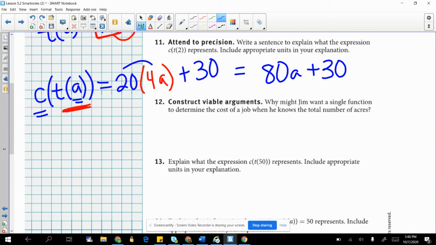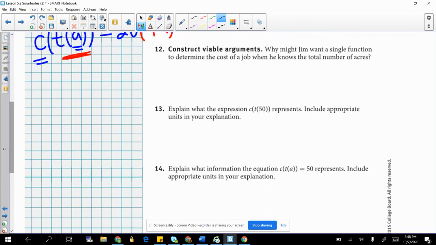And then 13 says, explain what the expression C of T of 50 represents. That would mean they have 50 acres. So if they have that, you're going to plug in 50 to figure out the total cost. Okay, and 14 we're going to go ahead and skip.